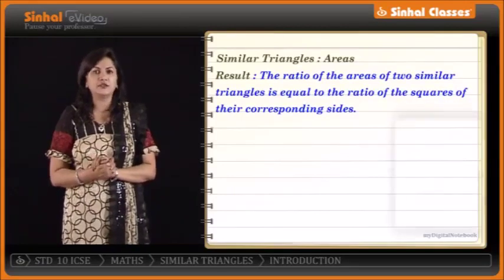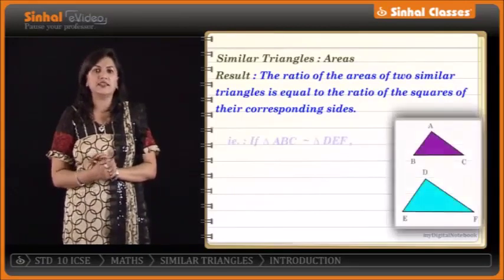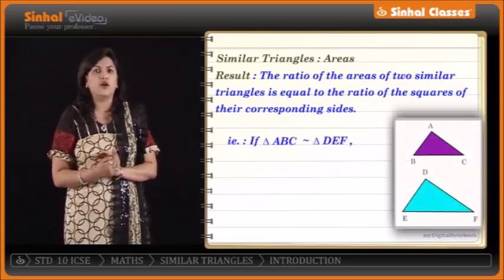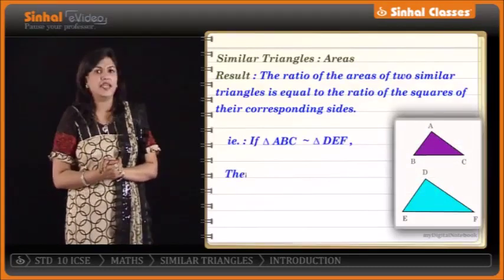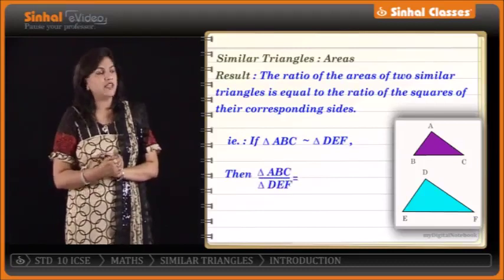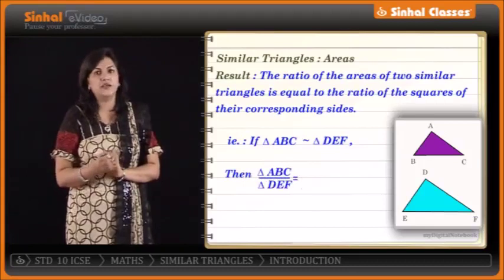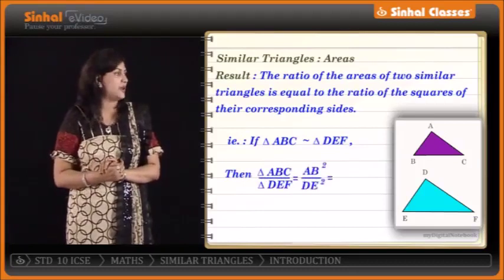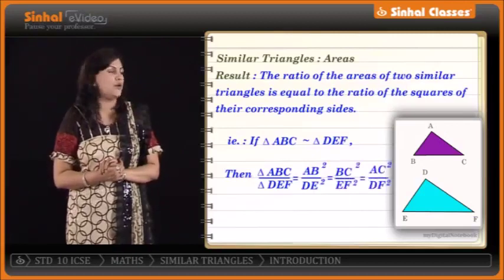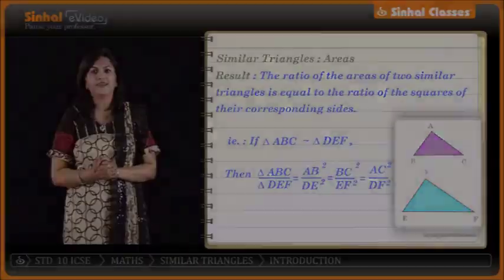That is, if we are given two similar triangles ABC and DEF, then the ratio of the area of triangle ABC and the area of triangle DEF is equal to AB square upon DE square equals BC square upon EF square equals AC square upon DF square.